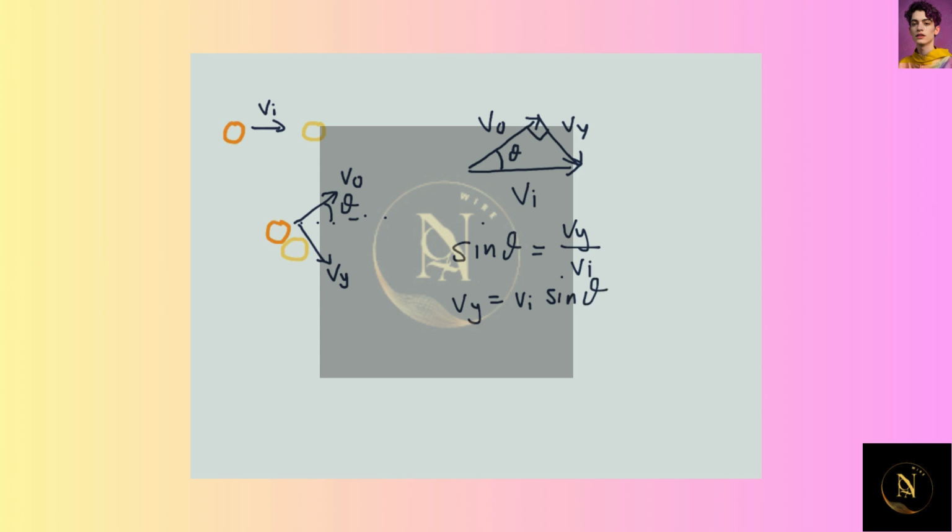And it's similar with the orange disk as well. Cosine of theta is equal to Vo divided by Vi. So Vo is equal to Vi cosine theta.